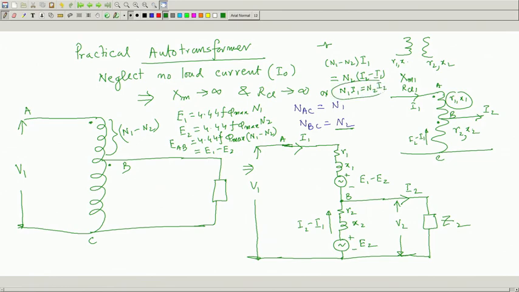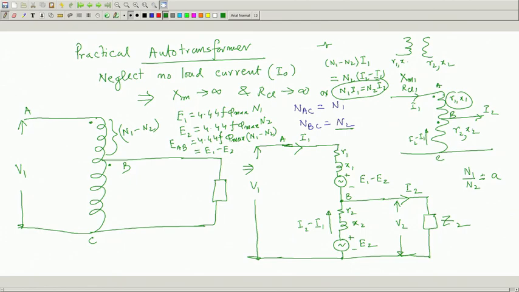See, the point is I should not start from this, I must establish, okay, it so happens that like a 2 winding transformer, N 1 I 1 is equal to N 2 I 2. I have derived that. I will define N 1 by N 2 as A. I will define that.